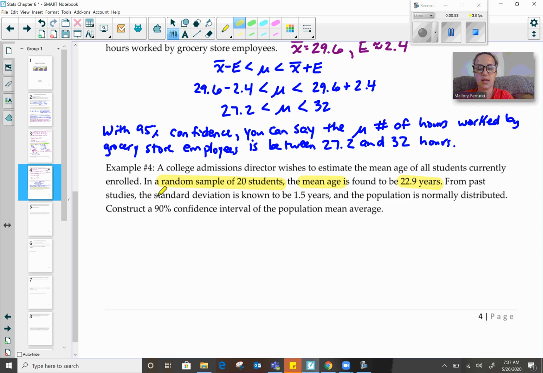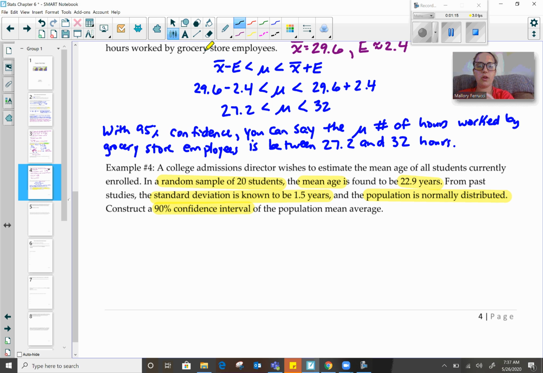From past studies, the standard deviation is known to be 1.5 years, and the population is normally distributed. So they're talking about the population there. Construct a 90% confidence interval of the population mean average.